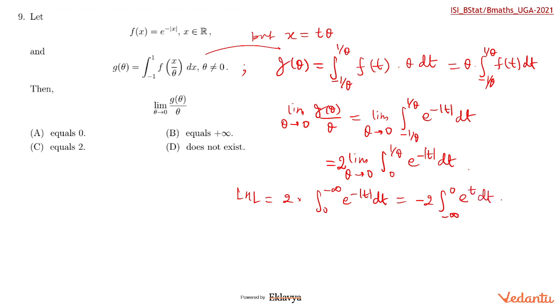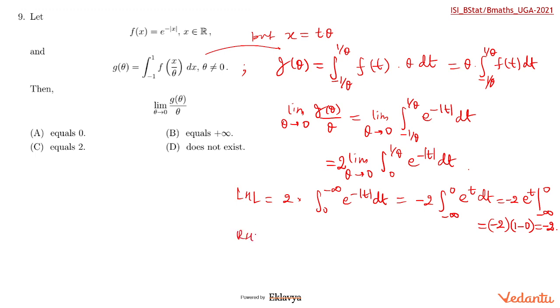When you integrate it and put the limits, e raised to power 0 is 1, e raised to power minus infinity is 0, so this is minus 2.